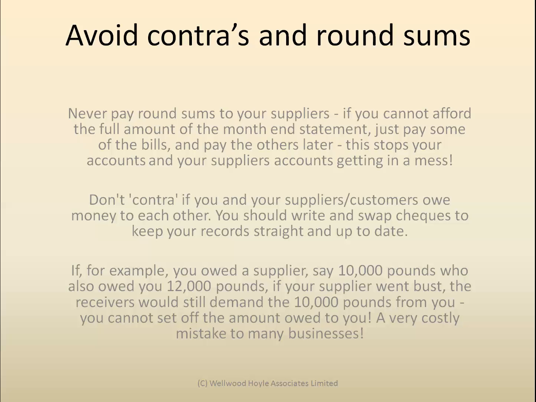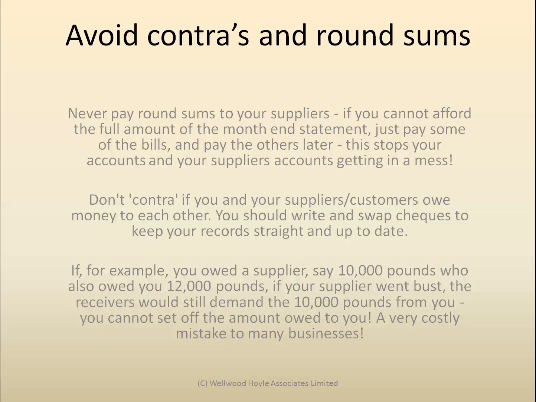The next point is avoiding contras and round sums. Now, a contra is where you buy and sell stuff to the same person. You may buy raw materials from a particular supplier and then sell the finished product back to that supplier. Now, when you owe the supplier money and the supplier owes you money, it's very easy just to ignore it really and have it in your own mind that basically they're cancelling out.